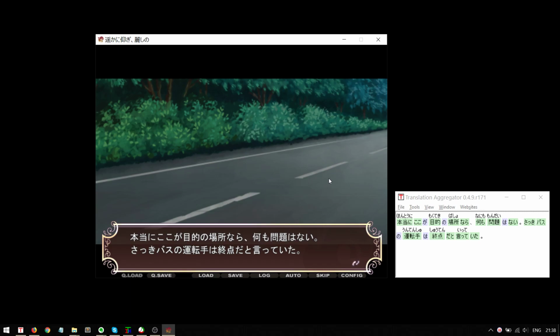If this is the right place, then no problem. さっきバスの運転手は終点だと言っていた。Earlier, the bus driver, 運転手 is driver, は終点 the bus stop. Here is a quoting particle, だと. So if you say it without this part, it's saying 終点だ, which is saying this is the last stop. Dato quotes this, saying so and so said that this is the last stop.